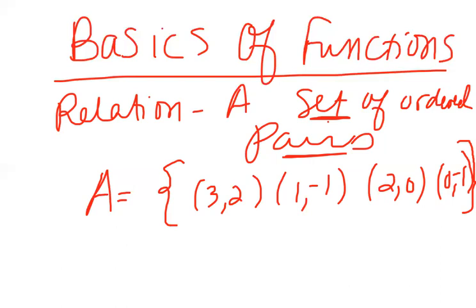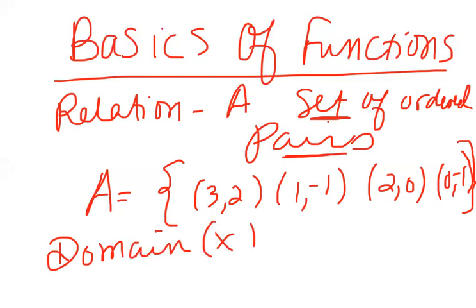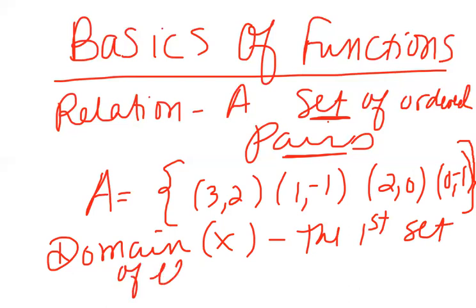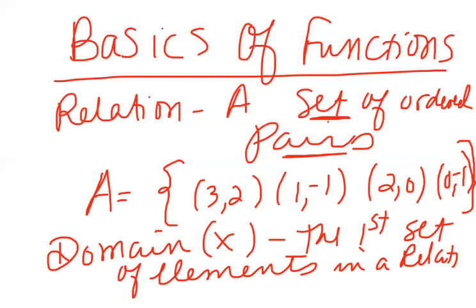So there are two sets of elements. The first set of elements is referred to as the domain, your x's, the x's in a relation. So this is the first set of elements, guys, in a relation. Now, of course, we can say also all the x's, whatever the x's in that relation are.